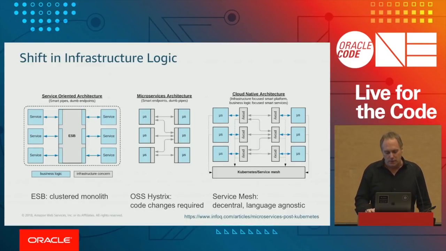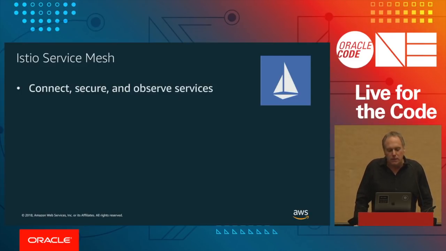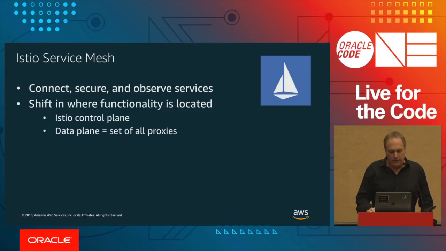It's called service mesh. And one very popular implementation, I'm not saying that this is the only one, but one very popular one is Istio. And Istio connects, secures, and observes services. That's the purpose of Istio. That's the best and easiest definition that you can find for Istio.